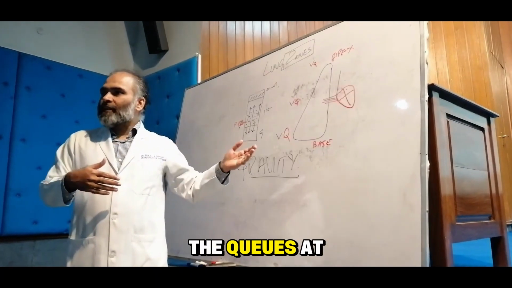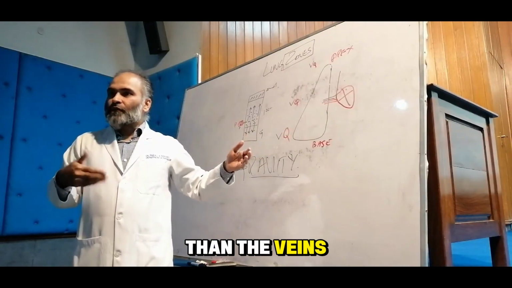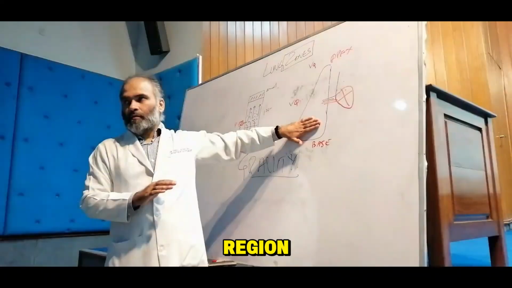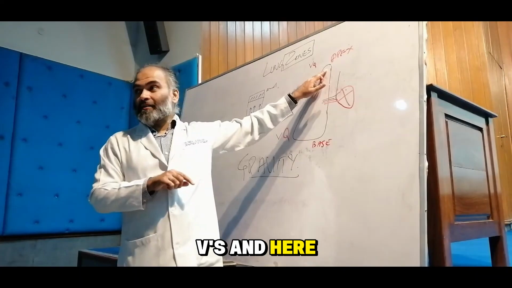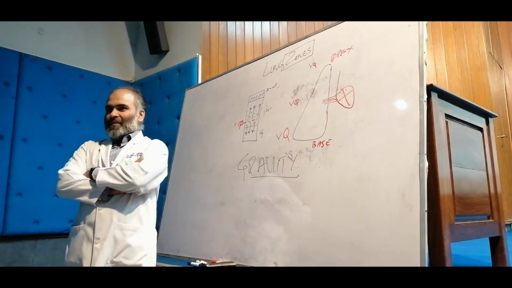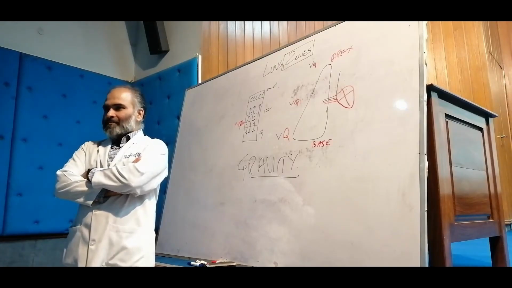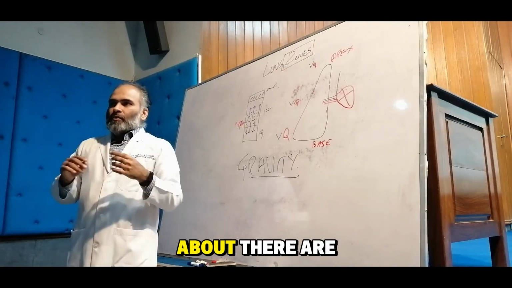The Q's at the bottom of the lung will be much higher than the V's. Now we are talking about the region. The Q's here will be much higher than the V's. And here, the V's will be much higher than the Q's. Gravity acts less on the air. Yes, it does. Something that you now are clear about.